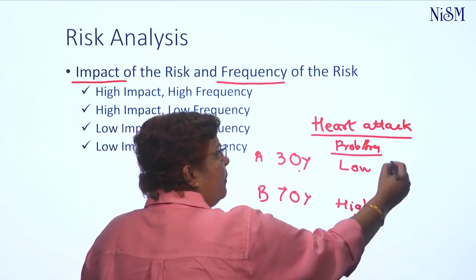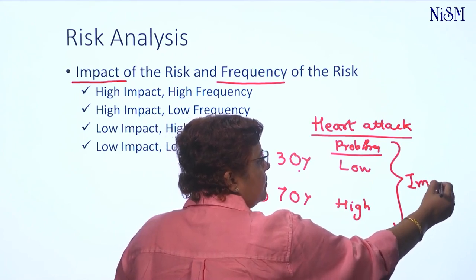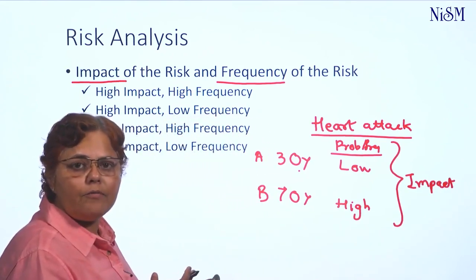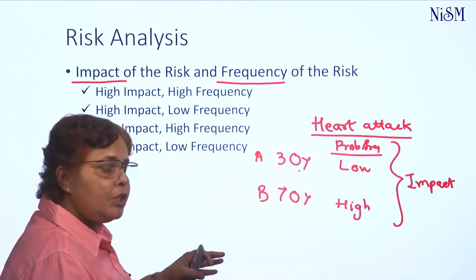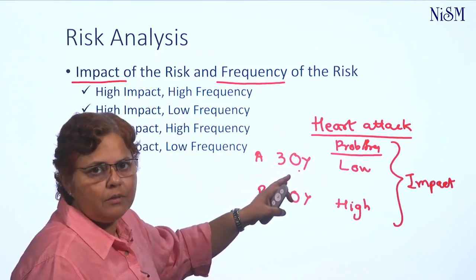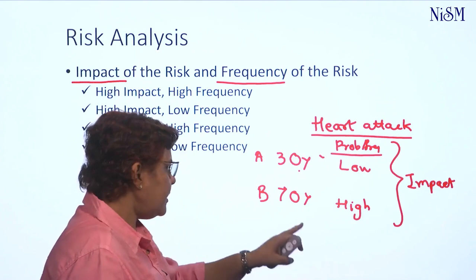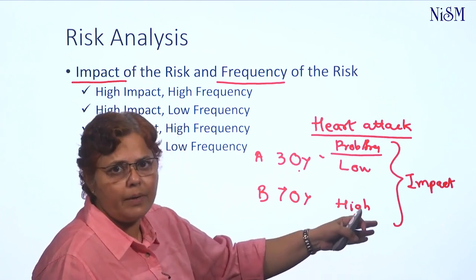Impact in both the cases can be severe. This is the example of frequency and impact. So, the chances of it happening to a 30-year-old person is a low frequency but high impact, and for a 70-year-old person it is high probability and higher impact.